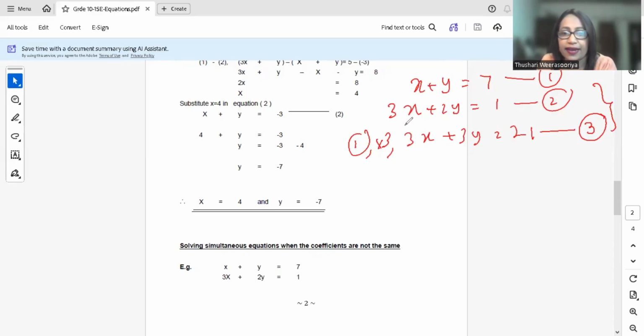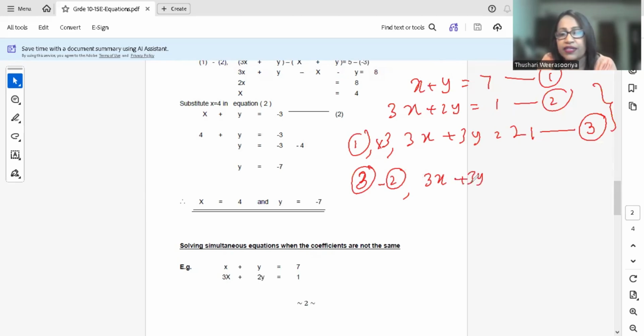Now check: the coefficients are the same in x. Now you do the same procedure as grade 9. The two coefficients are equal and the signs are also the same, then subtract. It's easy when I multiply, 3 minus 2. You can do it like that also. 3 minus 2, the third one I multiplied.